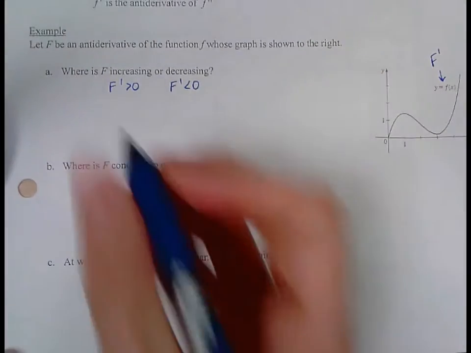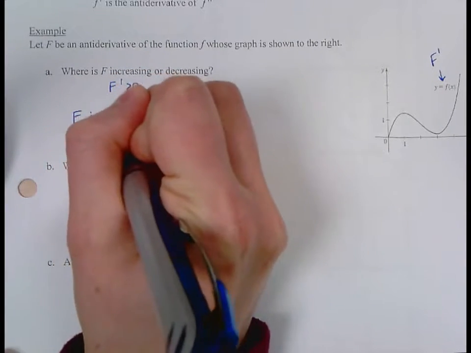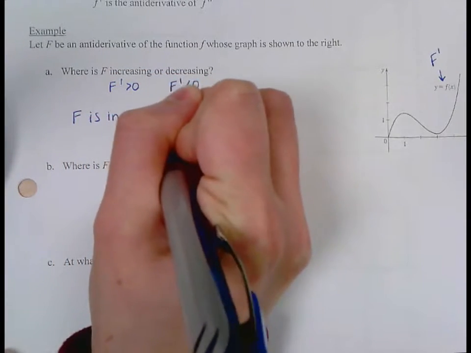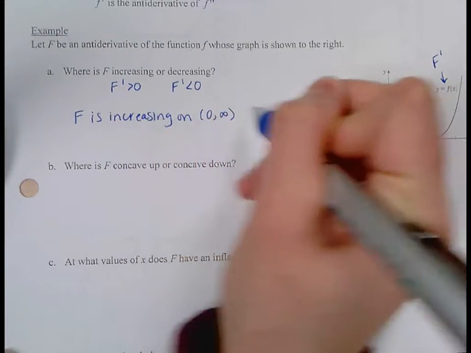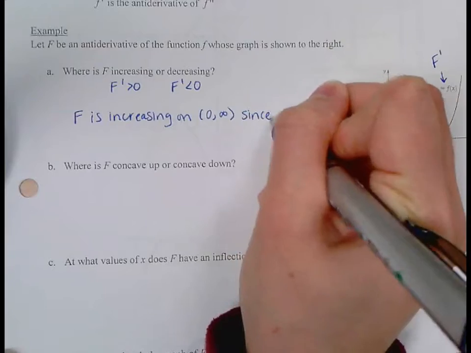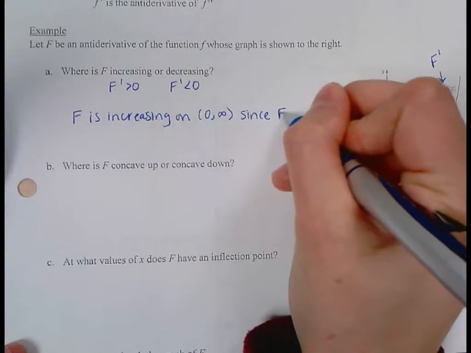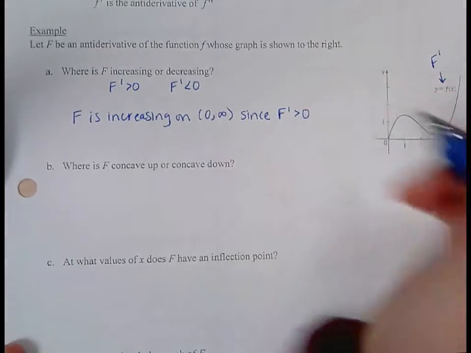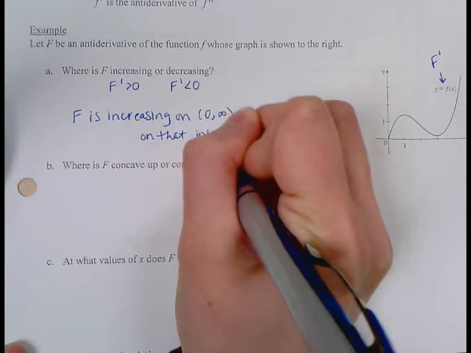So we can say f is increasing on 0 to infinity. It doesn't ask you to justify it, but just so you understand why, since capital F prime is positive on that interval.